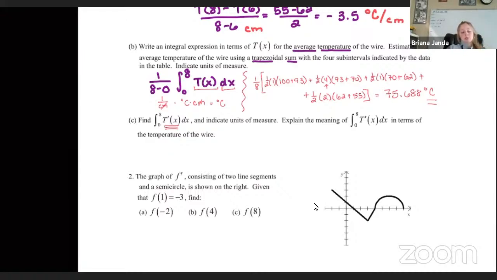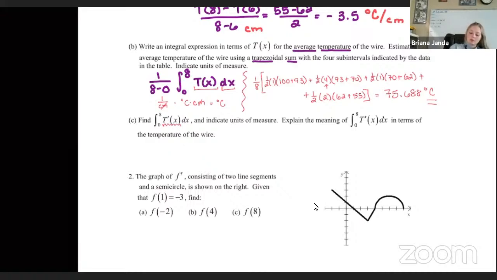But our last option that we haven't talked about yet for evaluating an integral is using the fundamental theorem of calculus part 2, which says you can use antiderivatives to evaluate your integral. We look closer at the function inside here, which is T prime of x. The antiderivative of T prime would be T of x.